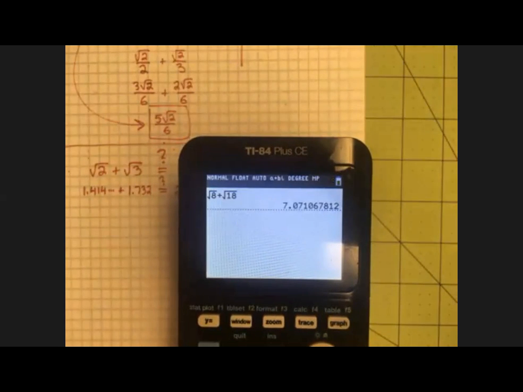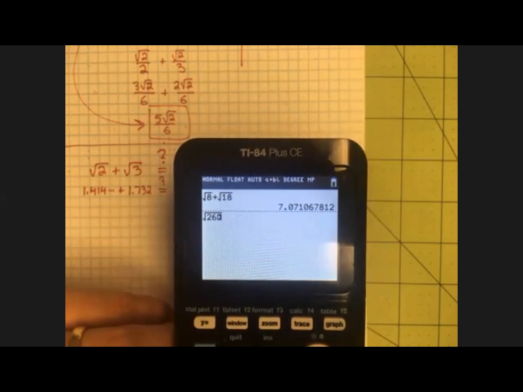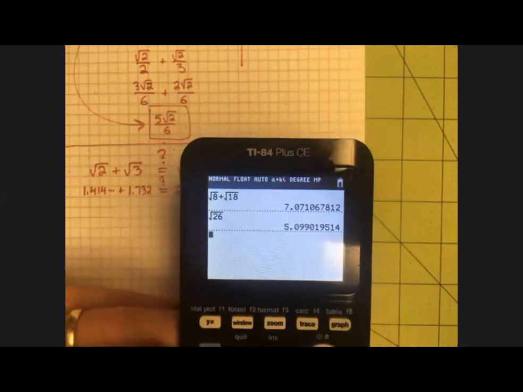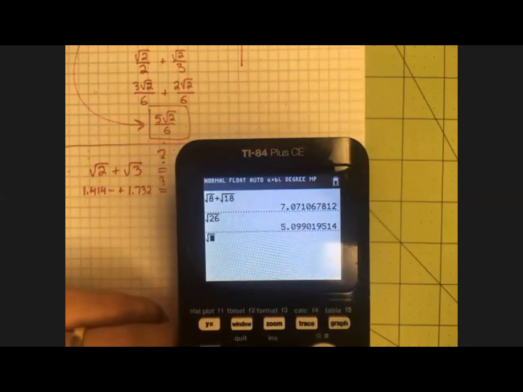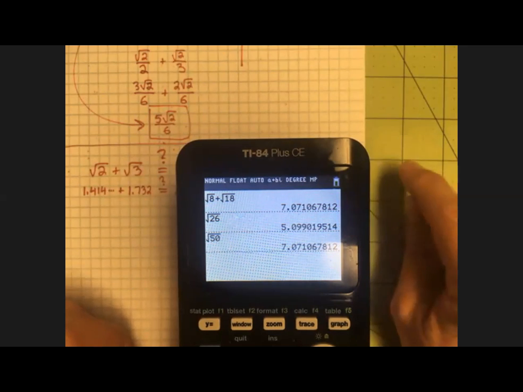Now he said compare that to square root of 26 and the square root of 50. Square root of 26. That's not the same. Square root of 50. That looks like the same as the square root of 18 plus the square root of 8.